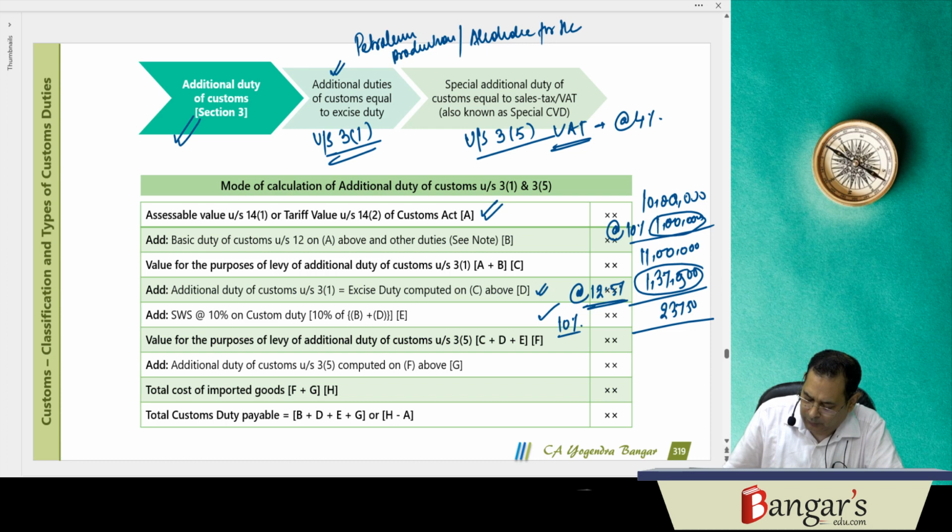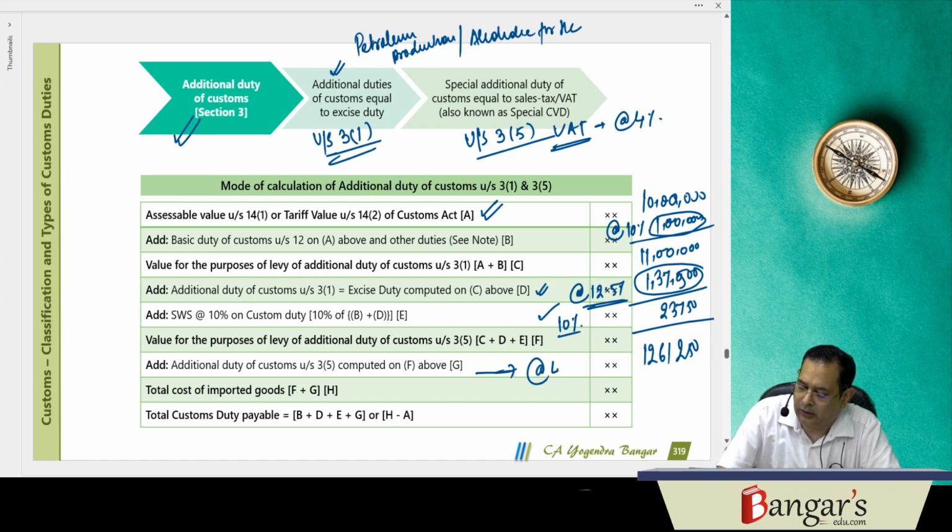11 lakhs into 12.5%, 1,37,500 plus 23,750. That gives you 12 lakh 61,250, on which additional duty of customs is levied at the rate of say 4%.